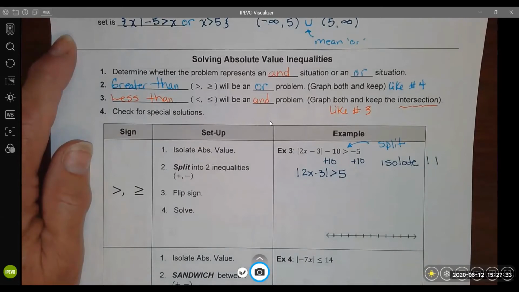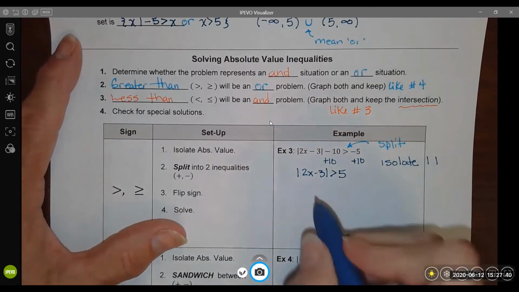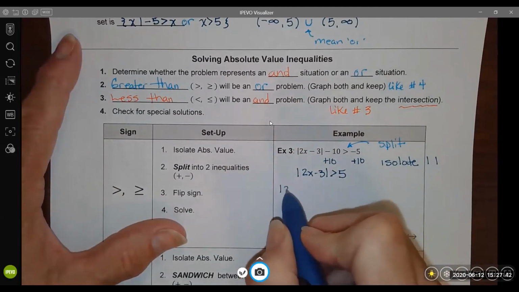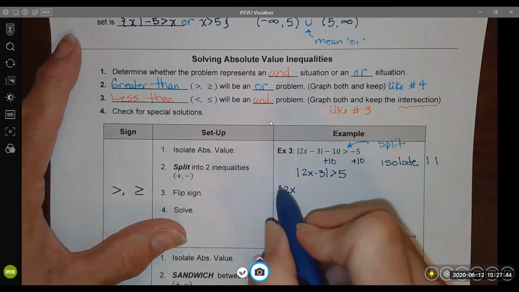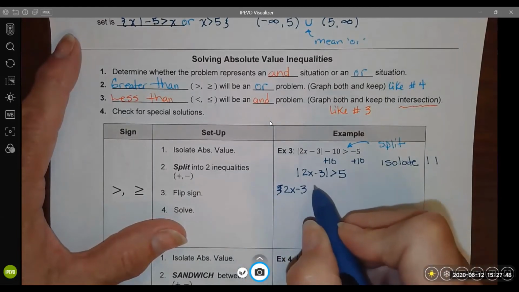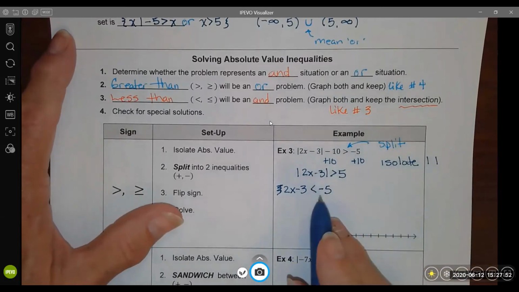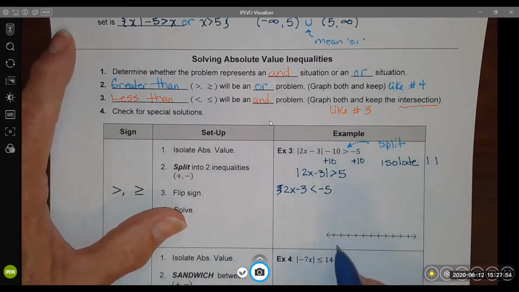Okay, so when we have this kind of situation, we split the inequality. And we know from looking up above, whatever's inside my absolute value symbols has to be less than negative 5, because I have to be more than 5 units away from 0.